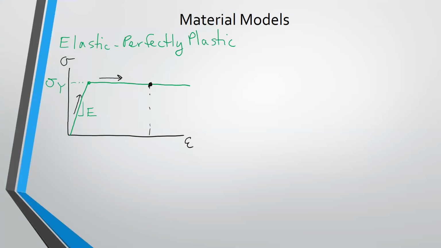When you do that, the specimen is going to follow an unloading path that is parallel to the elastic loading path. So this slope here, that yellow is probably not the best choice of colors, but that slope there is E. Which means when we reach the point on the strain axis, we have zero stress.